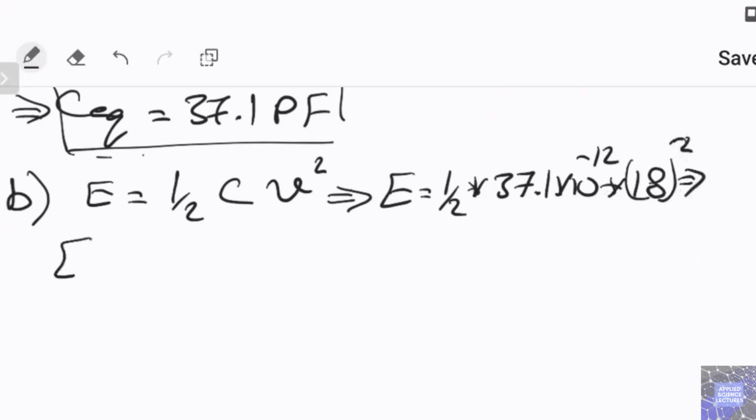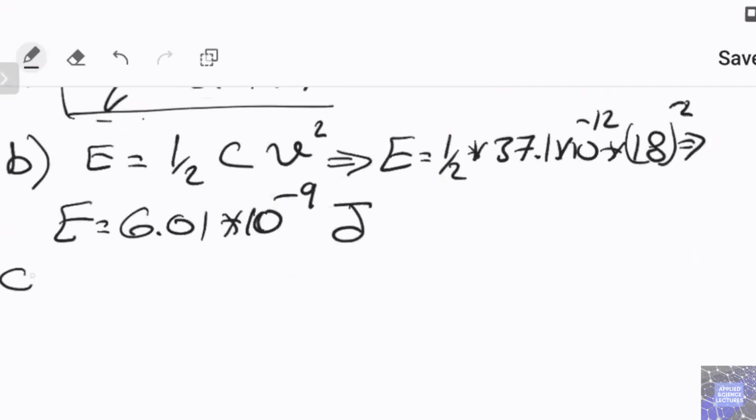Energy is 6.01 times 10 to the power minus 9 joules.